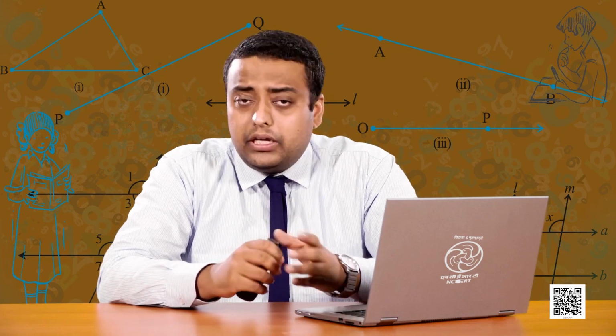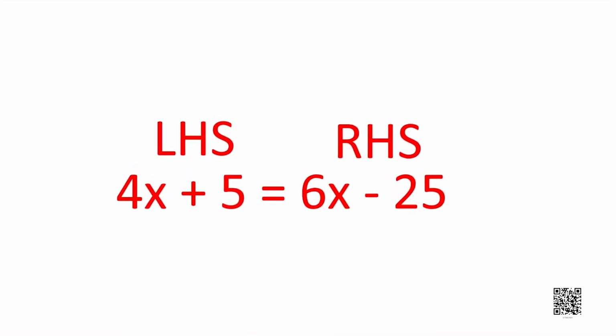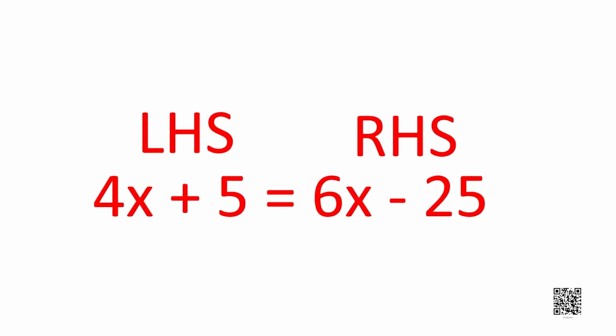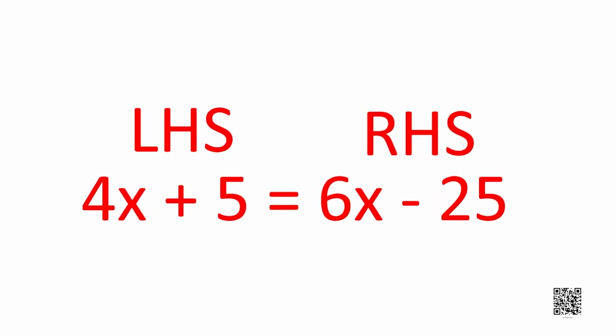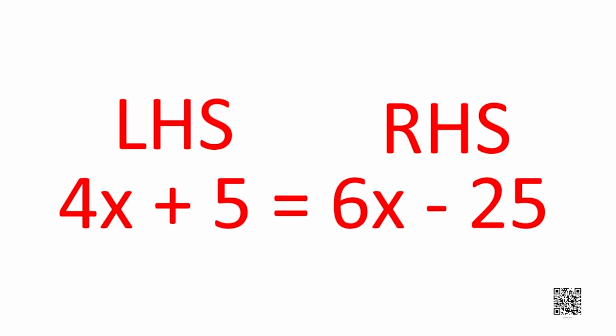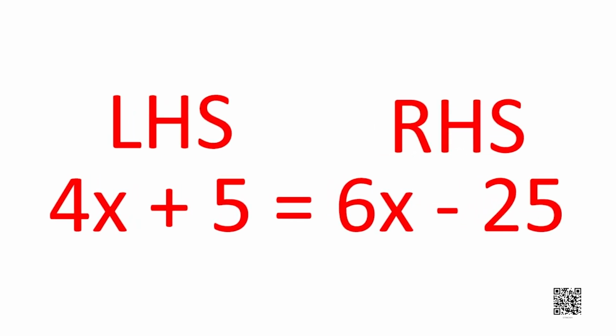In equations, we often find that the RHS is just a number. For example, in the first equation it is 65 and in the second equation it is 50. But this need not always be so. The RHS of an equation may be an expression containing the variable. For example, the equation 4x + 5 = 6x - 25 has the expression 4x + 5 on the left and 6x - 25 on the right of the equality sign.